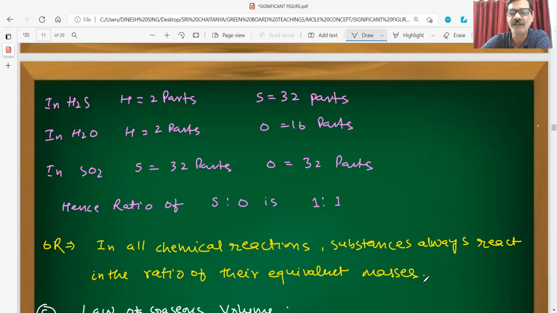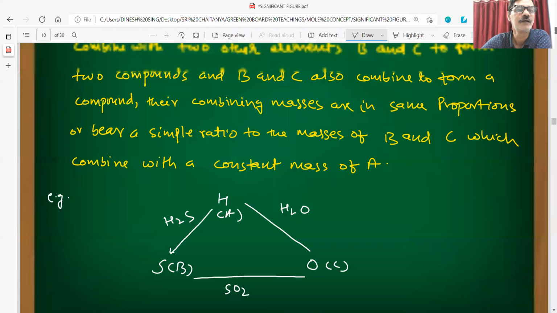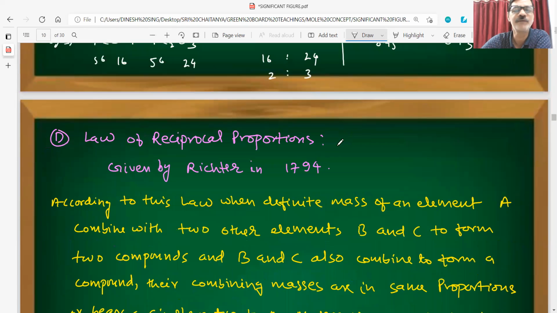This is a different concept that we will discuss in the coming topics. So this is called the law of reciprocal proportions.